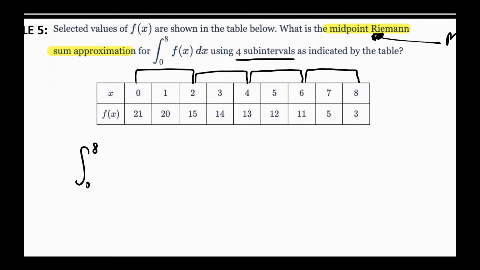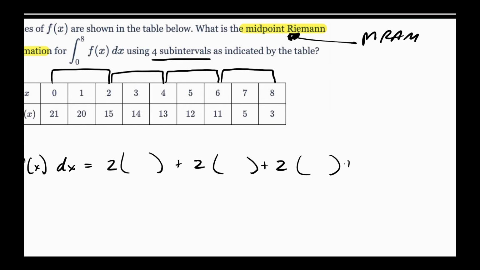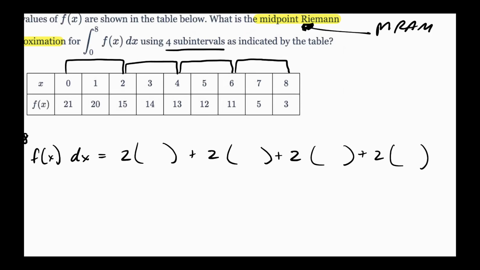So the integral from 0 to 8 of f of x dx, I'm going to do exactly what I did on the last one. What's the width of each of the rectangles in this case? We just said it: 2. So 2 times, plus 2 times, plus 2 times, plus 2 times.